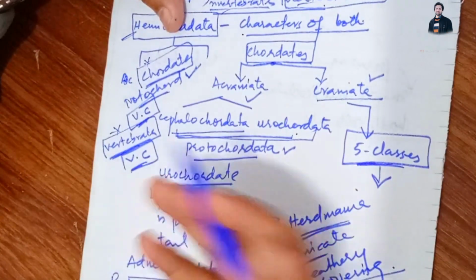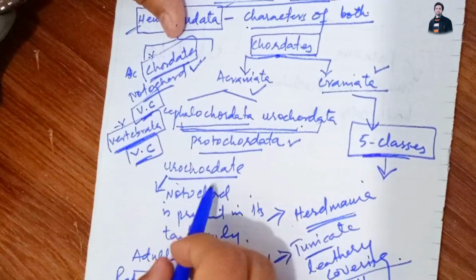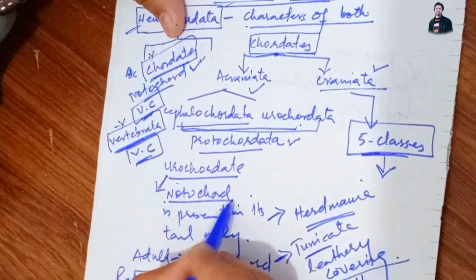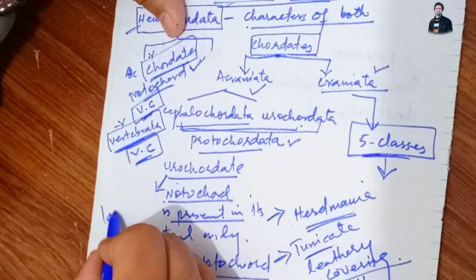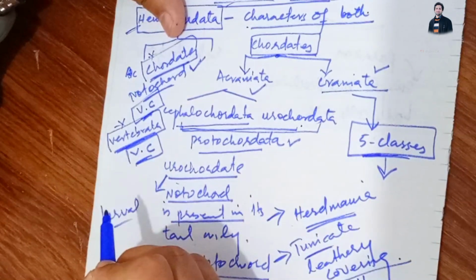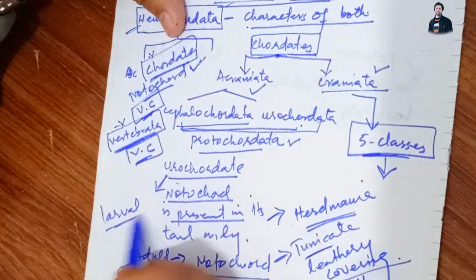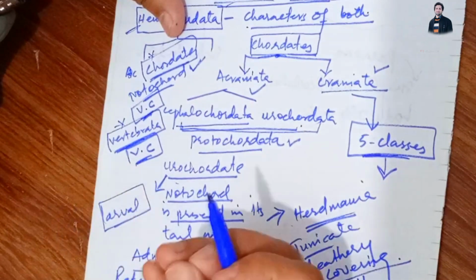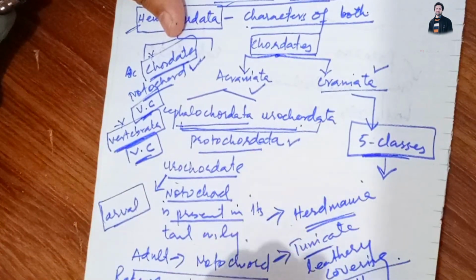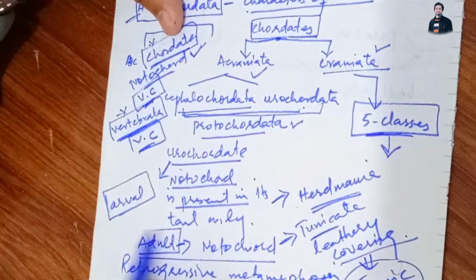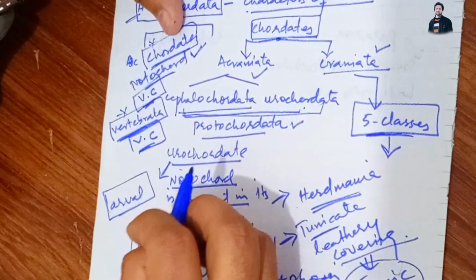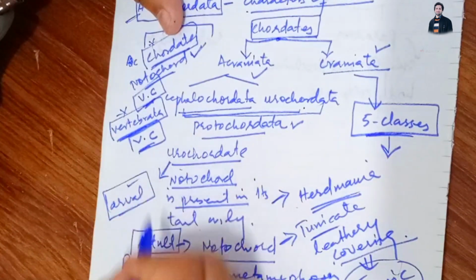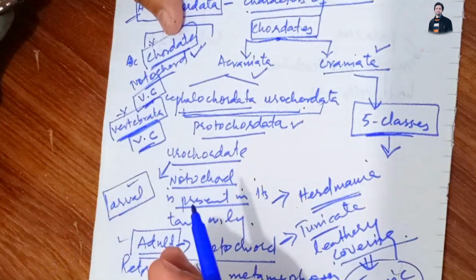If you start from urochordates, in urochordates the notochord is only present in its tail region, and that is true in its larval form. Again, in urochordates, the notochord is present in its tail region only. In the adult form, the notochord is not present. So there is a notochord in its tail region in its larval form, and in the adult there is no notochord.